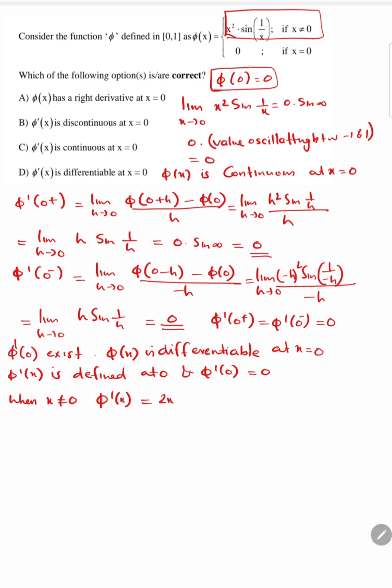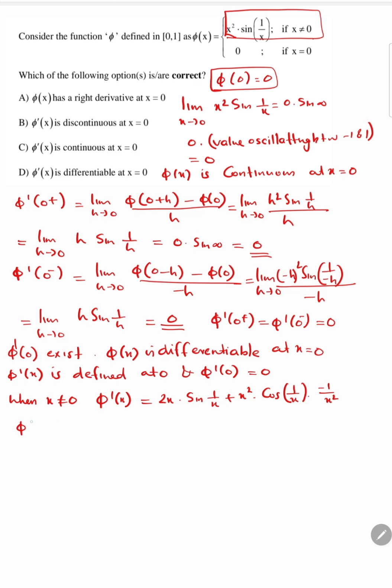So 2x, x square's derivative is 2x, into sin 1 by x, plus x square into the derivative of sin 1 by x, which is cos 1 by x into the derivative of 1 by x, which is minus 1 by x square.